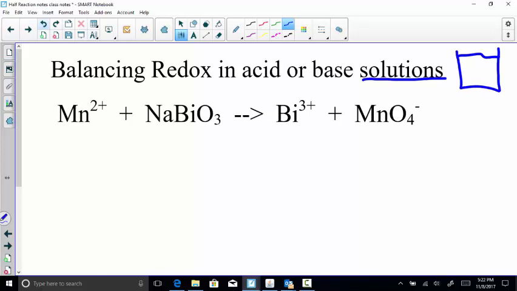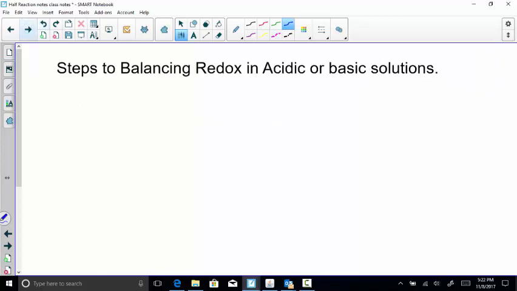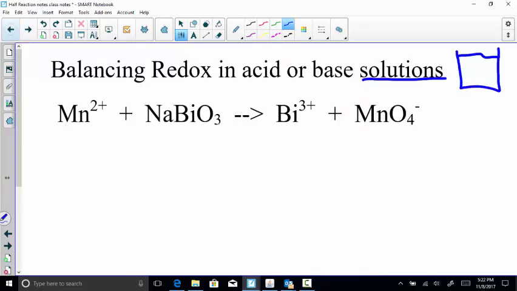Now, there are steps involved in balancing redox reactions in acidic or basic solutions. Overall, there are 6 to 7 different steps, depending on how I break down the last two. So you're going to want to have a page for your steps, and then I would honestly have a new page just for this.